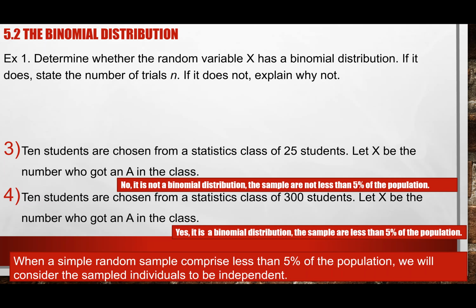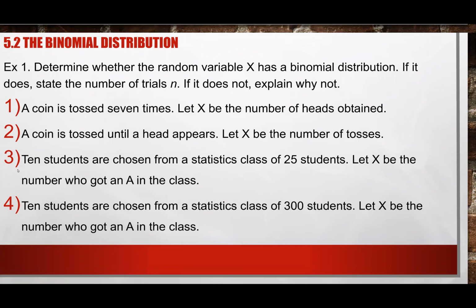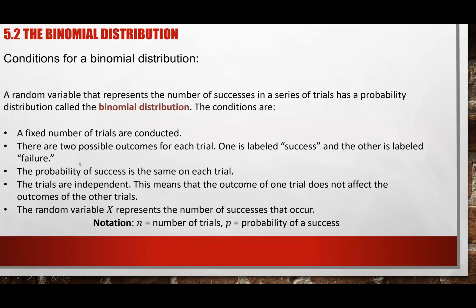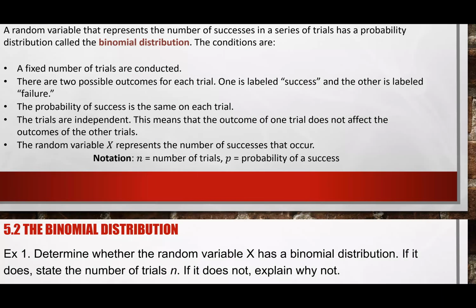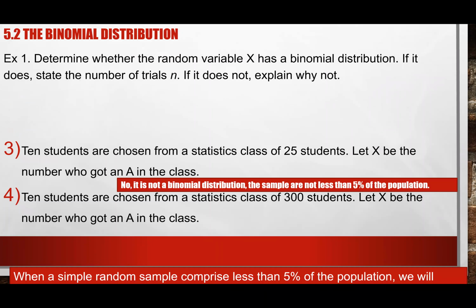But 3 and 4 do not follow this criteria, because this criteria is for when you perform an item a fixed number of times. In 3 and 4, we are sampling. We take some people or some items from a group.